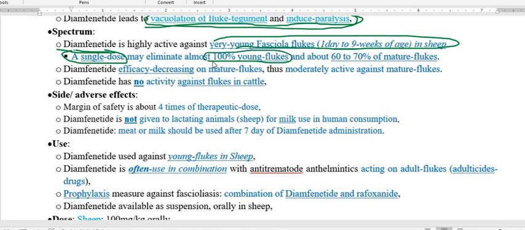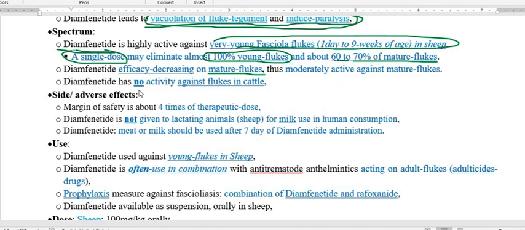And as we mentioned, its flukicidal activity is reducing towards the mature, and for the same single dose, it kills about 60 to 70% of mature fluke. So its activity against the mature fluke is reduced as compared to the day-old fluke.